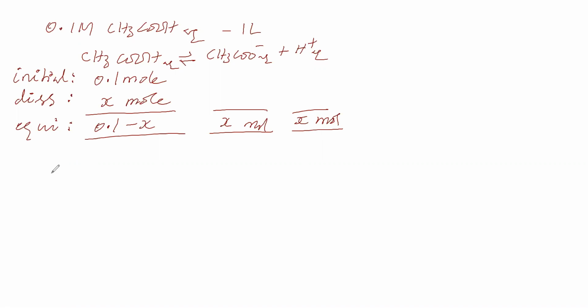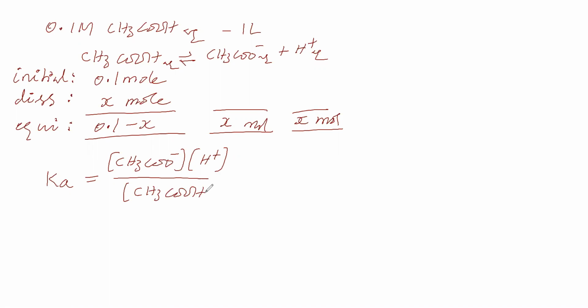Now we will see Ka. Ka is called the acid dissociation constant. In the numerator you write the right side: acetate ion concentration times H plus ion concentration. In the denominator, you write the acetic acid concentration.